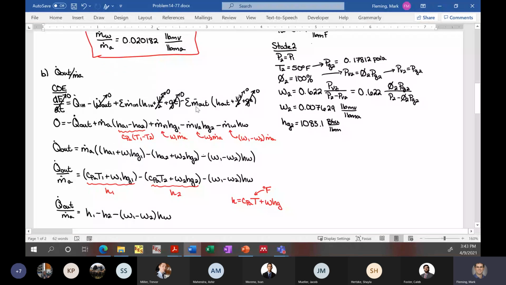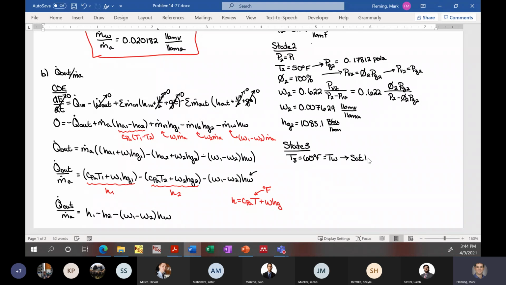Okay, one thing we're missing is the enthalpy of the water leaving. If we take a look at state number 3, the temperature T3 was equal to 60 degrees Fahrenheit. This is the temperature of our water, and we said we can assume that this is a saturated liquid.